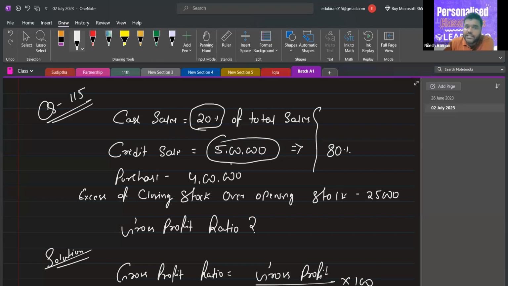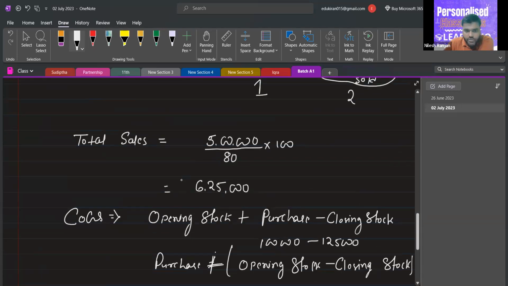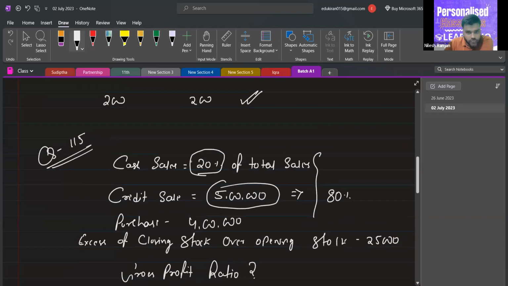So it means credit sale is 80% of total sales. If 5 lakh is 80%, then total sale will be 6,25,000. You calculate this by 5 lakh divided by 80%. If cash sale was given in the question, then we will divide the amount of cash sale by 20%, and you will get total sale in that case also.